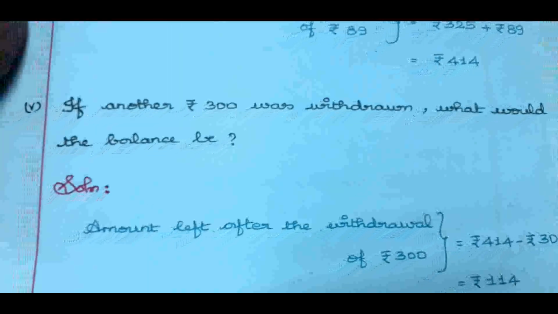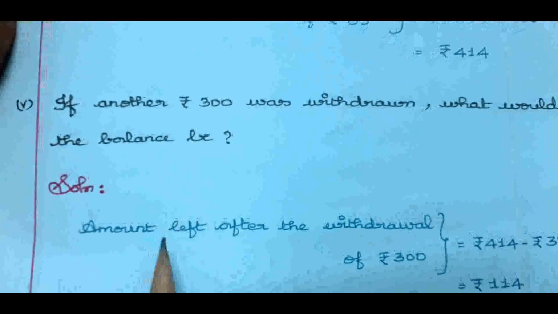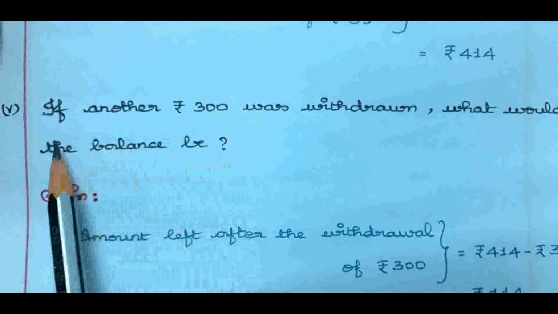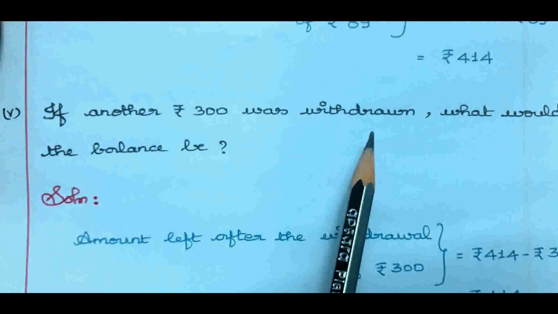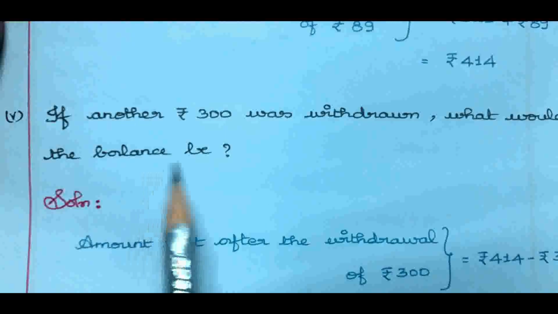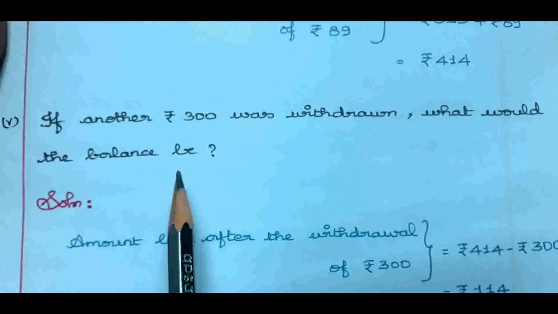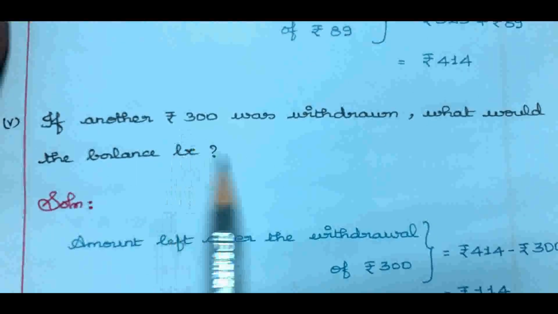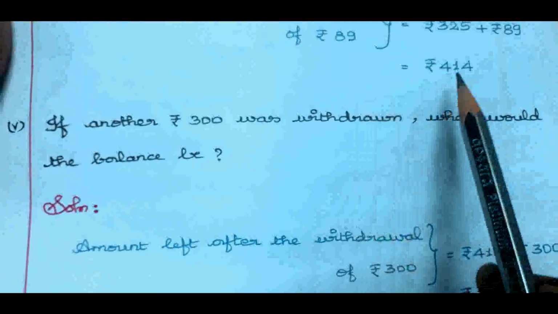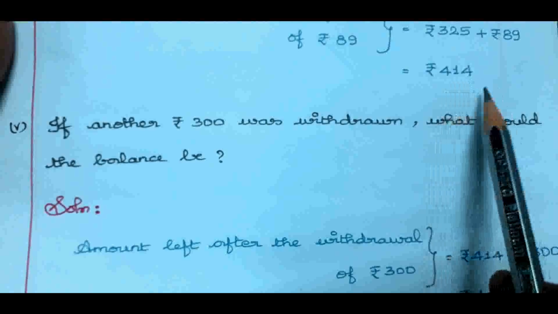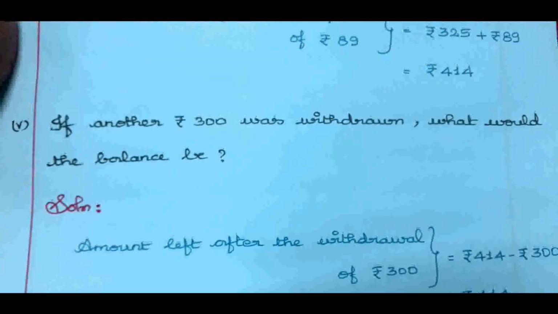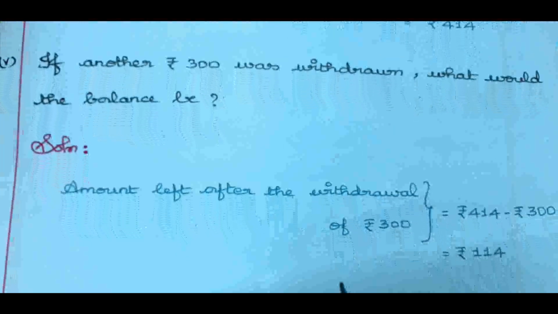Fine. And now they have given one more question over here, that is, if another rupees 300 was withdrawn, what would the balance be? If again the student is going to take 300 rupees from the balance, which is 414, what would be the balance at last after all the transactions?